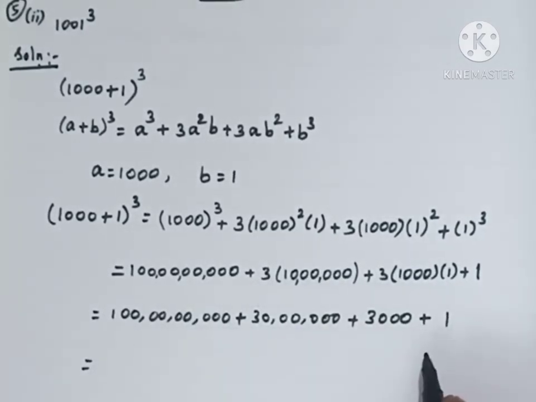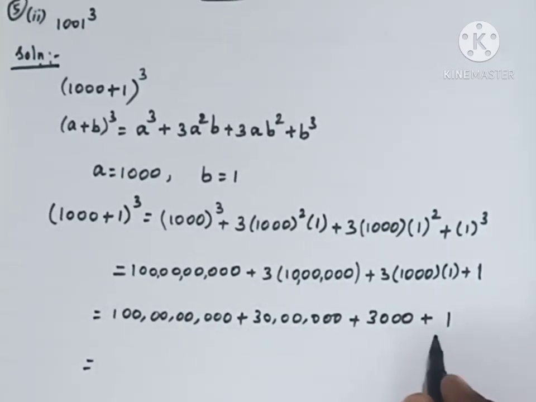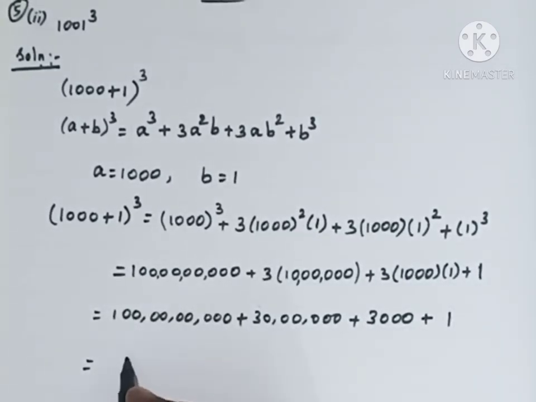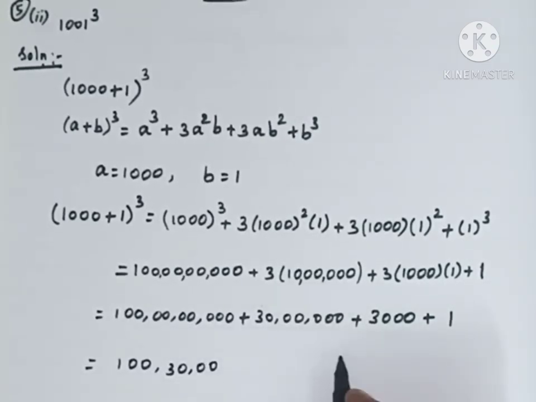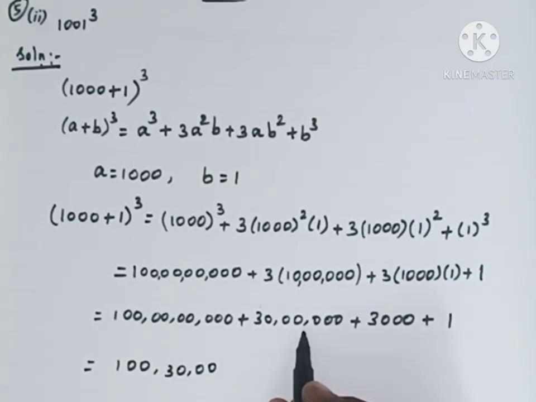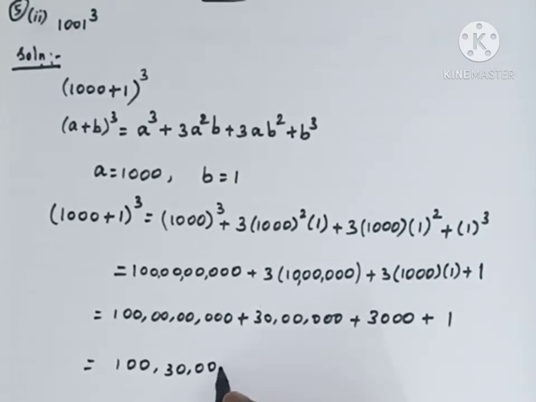So adding these numbers, all the numbers are in positive sign. So adding these values we will get 100 crores 30 lakhs and 3001.